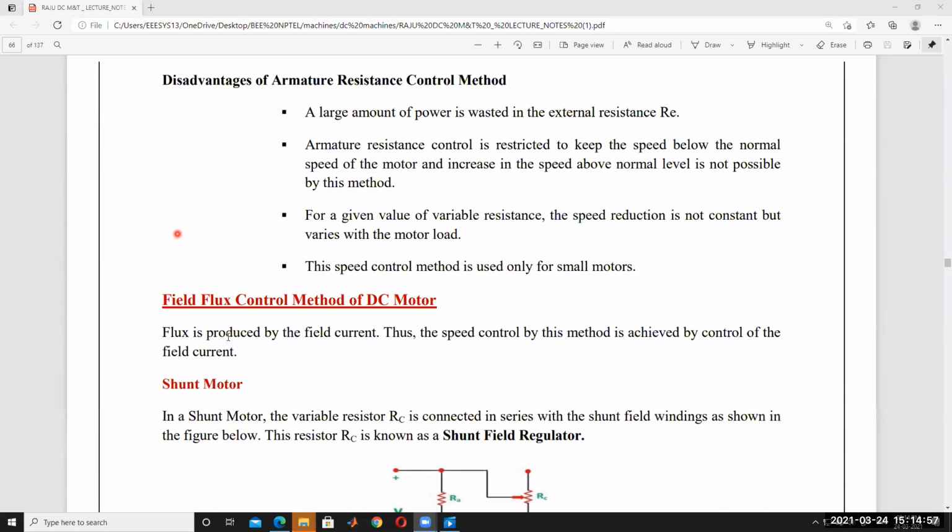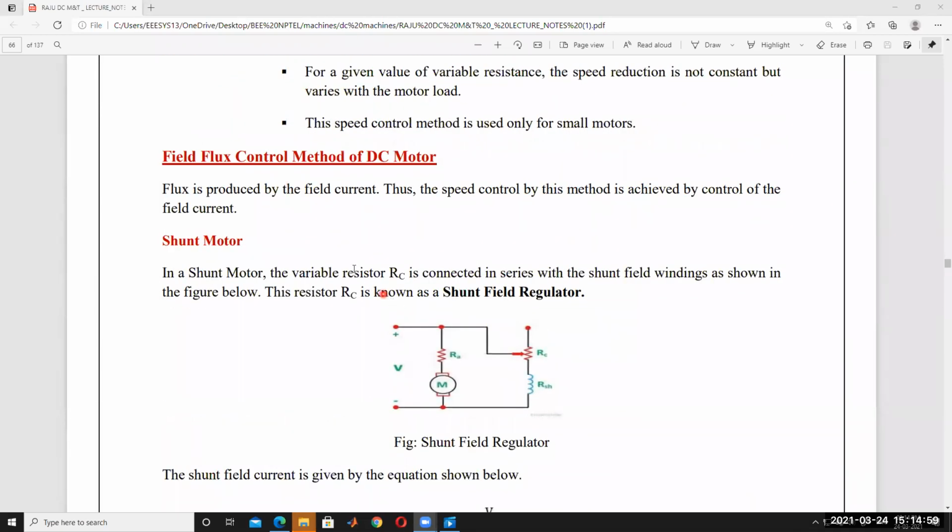And next, the field flux control method. Flux control means controlling this field winding current. If you are controlling the field current, then field flux control is possible by changing the resistance. The field current can be controlled by changing the resistance. In shunt motors, a variable R_C is connected in series with the shunt field winding.